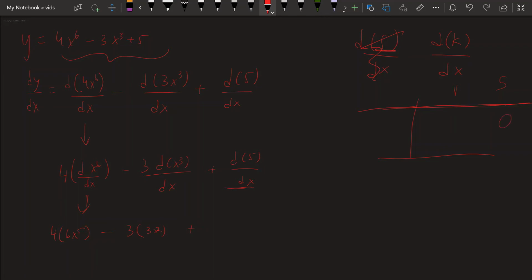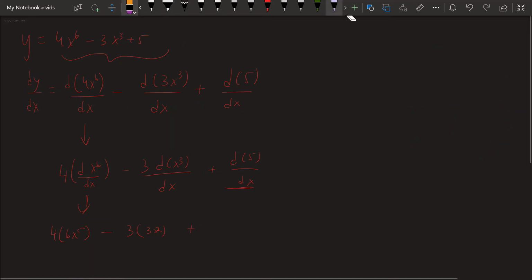Now the slope of a horizontal line is always equal to 0, and by our definition the derivative is the slope. So the derivative of a constant is equal to 0. So yeah, this is equal to 0, and we can evaluate it. It's going to be 24x to the power of 5 minus 9x squared.